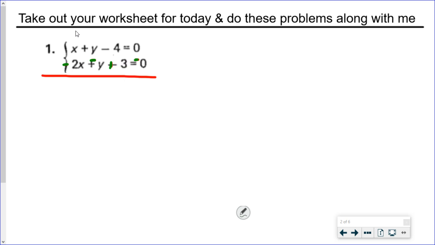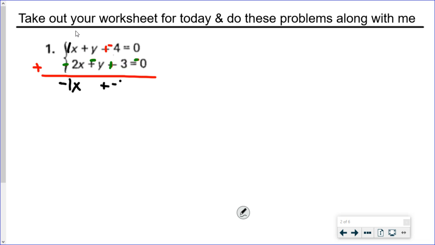Okay, so now when I add down, I have a 1x plus, remember we're adding, a -2x gives me a -1x. Do you see the y's cancel? Now I have -4 plus 3.